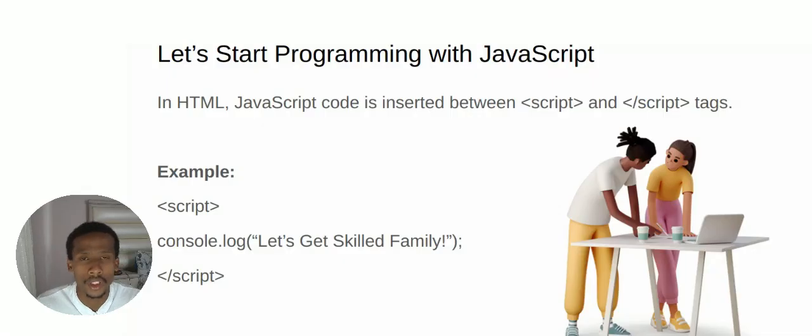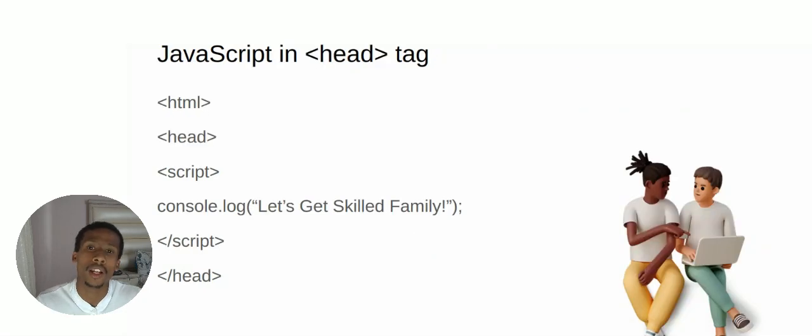Just to do a quick recap, for us to start coding in JavaScript, our JavaScript will live inside of our script tags. As I explained, we have three different methods of writing our JavaScript. That will be writing your JavaScript inside of your head tags in your HTML file, or writing it inside of your body tags of your HTML file.